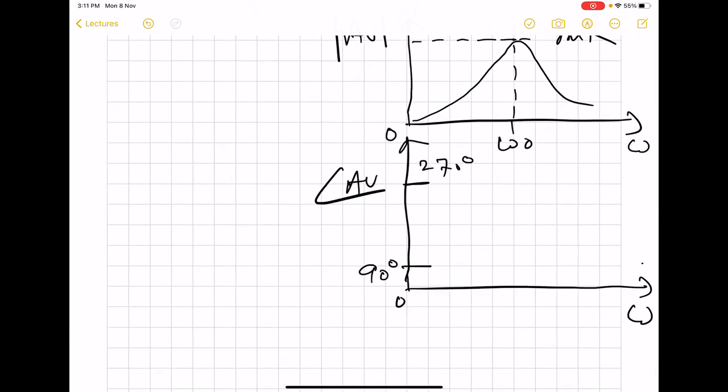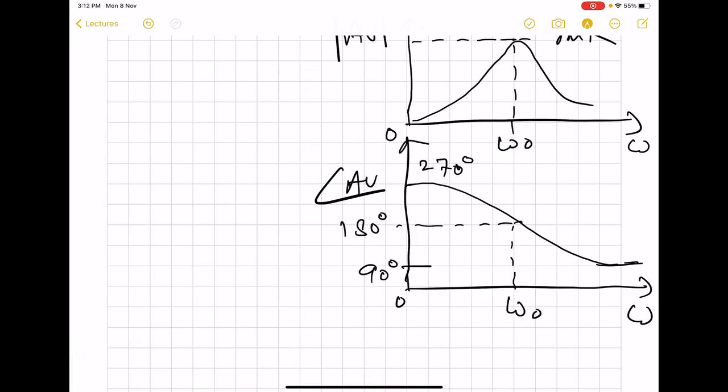And 90 degrees occurs for very large frequency, and 270 for very small. So there will be a change from 270 to 90, and at the resonance frequency, the phase is 180 degrees.